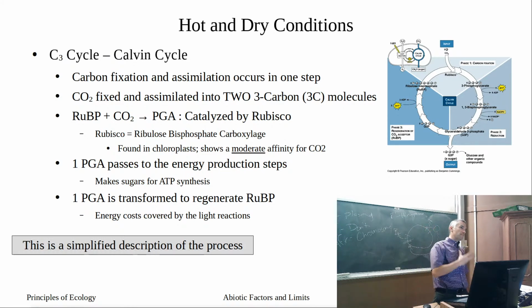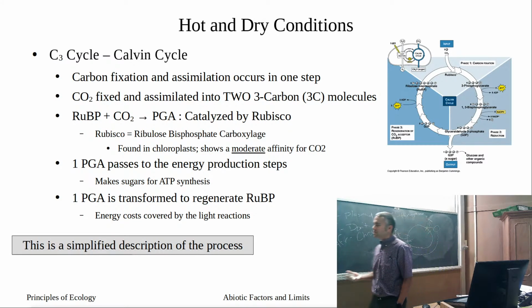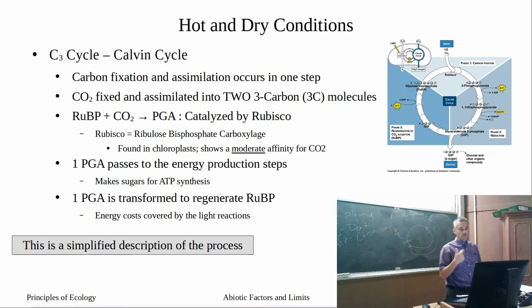CO2 is captured from the air, fixed and assimilated in one step. That enzymatic step utilizes Rubisco to combine RuBP with CO2 to produce two 3-carbon molecules. That gets the carbon into the plant and along its way to produce a sugar.